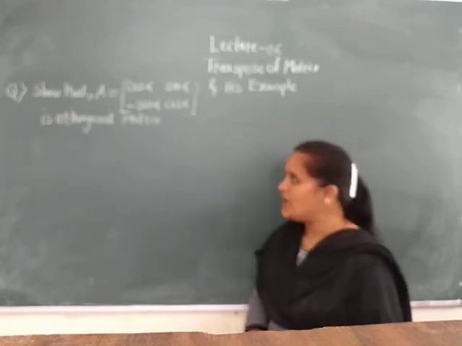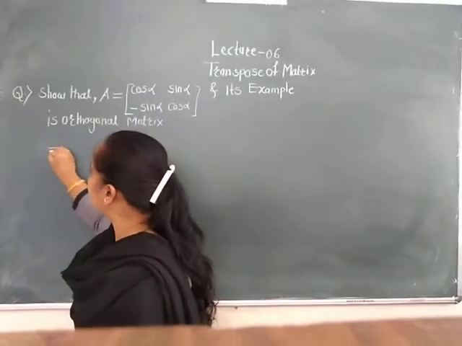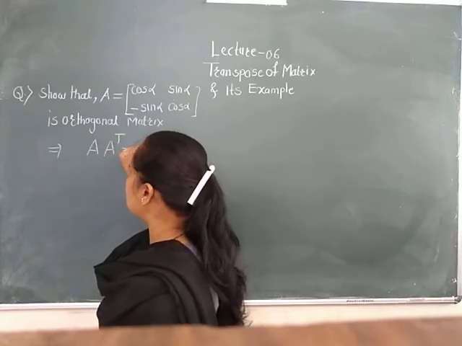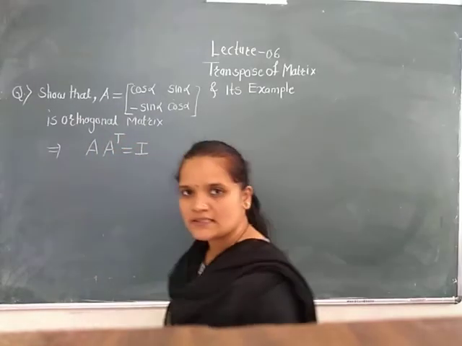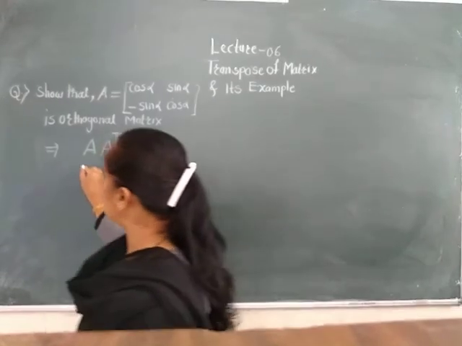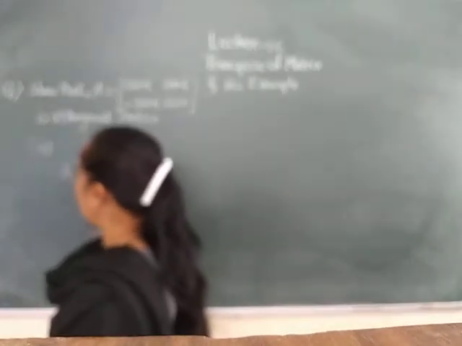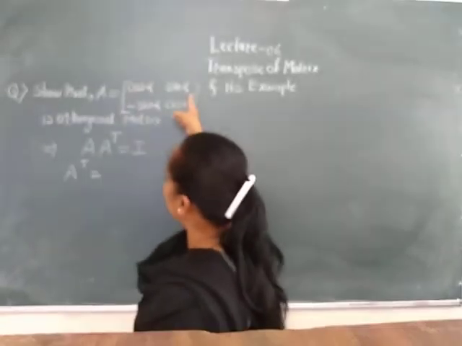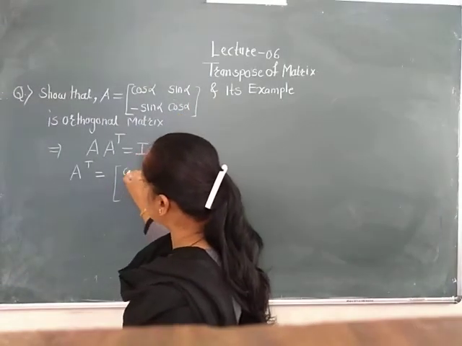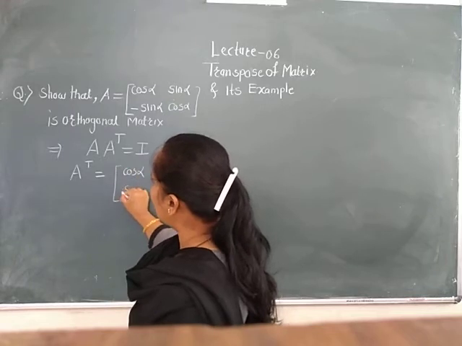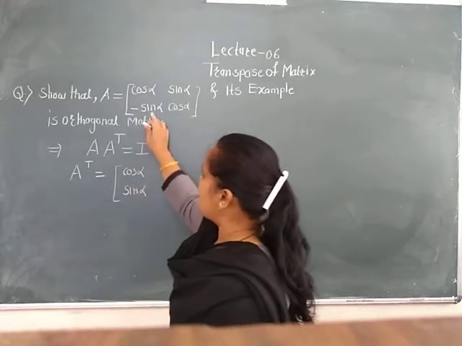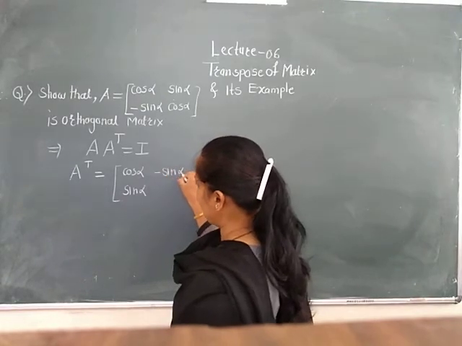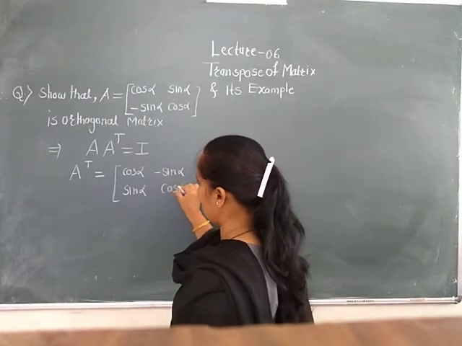So first of all, we know the condition here. Condition is A into A transpose is equal to I. And the second row becomes second column, so minus sin alpha, cos alpha.